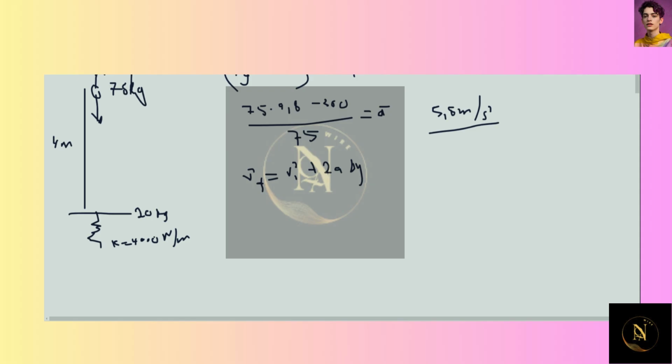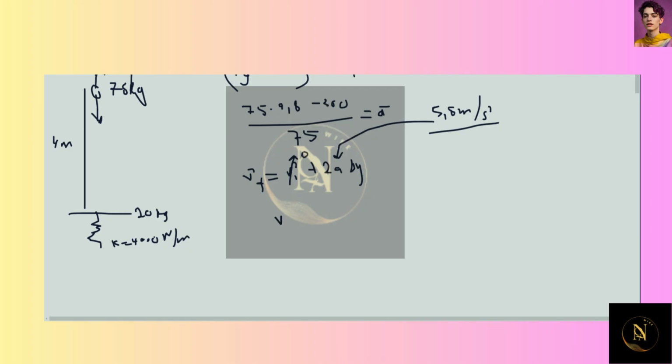We know that v initial is 0 because we're told that it starts from rest. We assume it starts from rest if we are not told otherwise. This a is what we just calculated, and this delta y is the 4 meters.